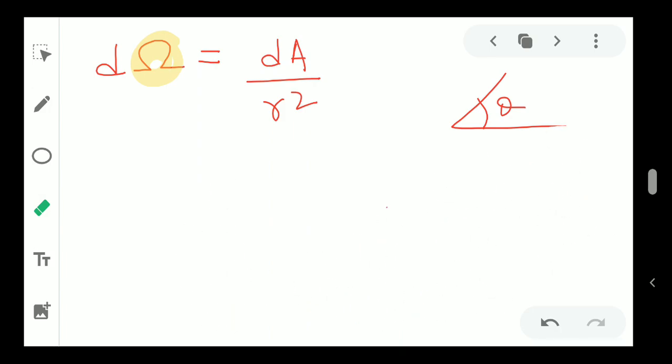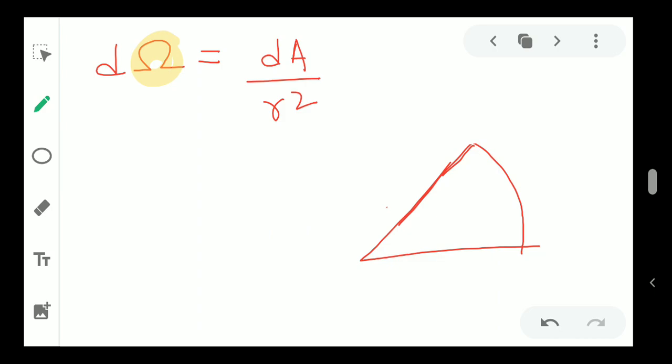Let's say you have a 2D angle like this. That will be your arc. This is your theta, this is my radius r, and this is my ds. This d means small, I was talking about differentiation.